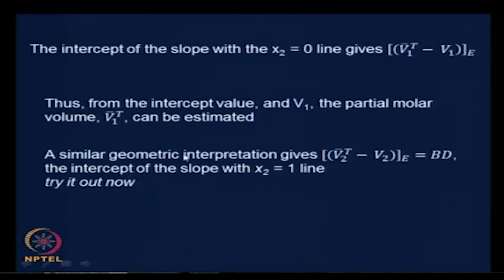I had asked you to work out a similar geometric interpretation to find out the partial molar volume V2t hash, and the formulation would yield that the difference V2t hash minus V2 at a point E would be equivalent to the intercept on the other axis, and therefore we could find V2t hash from there. So hopefully you went about completing that exercise.